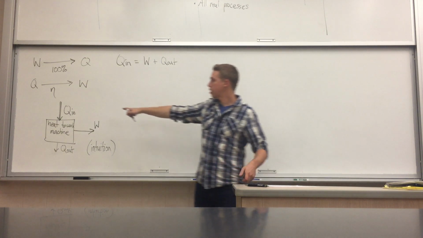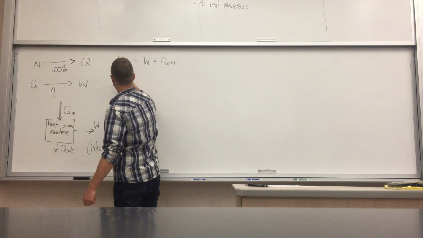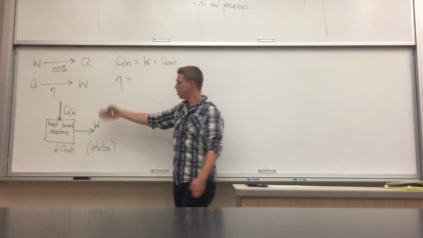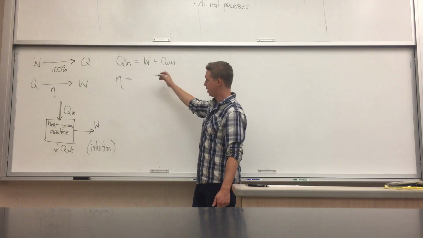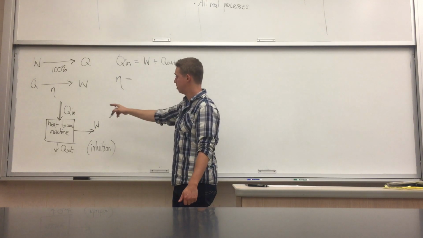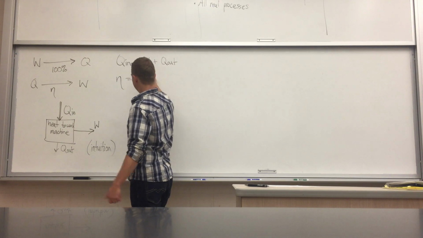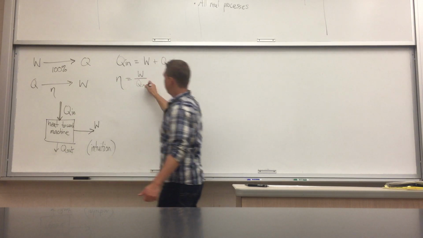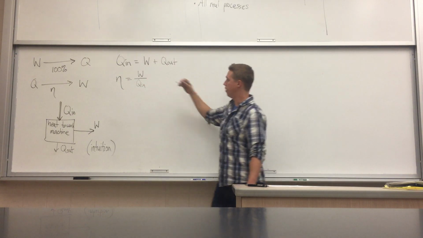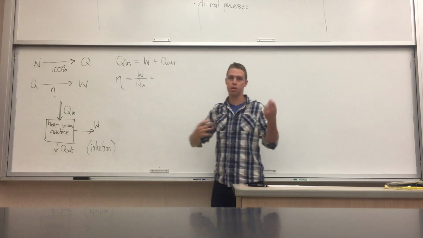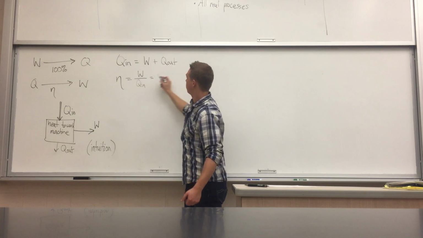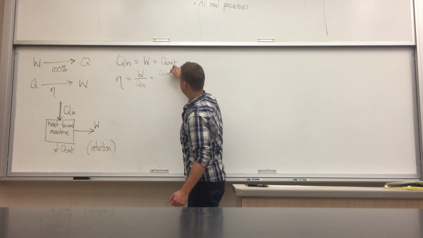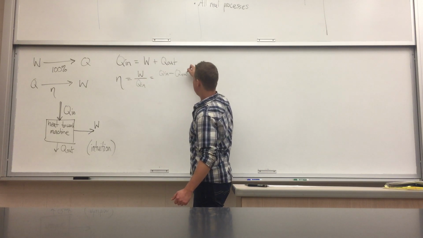And then if we were going to write the efficiency down, you're familiar with how to determine efficiency. It's going to be the energy out over the energy in. So the energy out is the work, and the energy in is Q in. This can also be written, just manipulating the algebra a second. If I move the Q out over, then work can be written as Q in minus Q out.